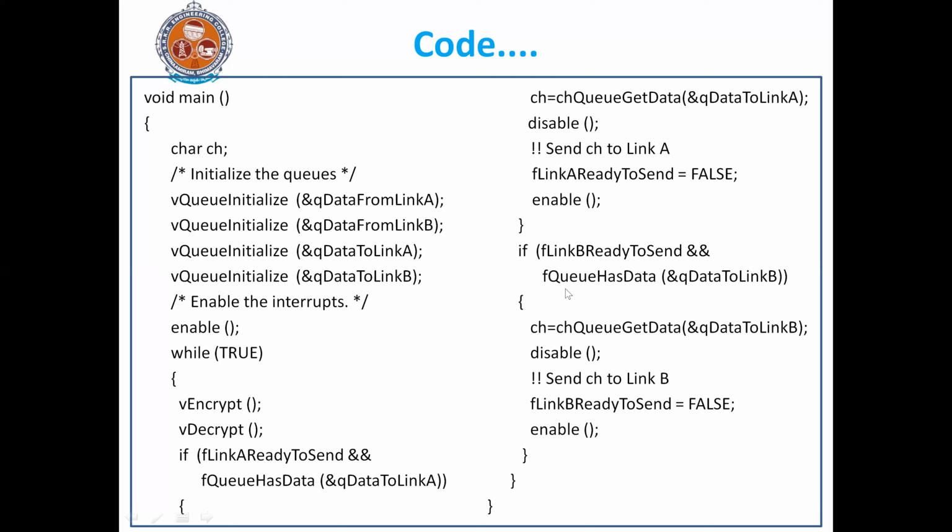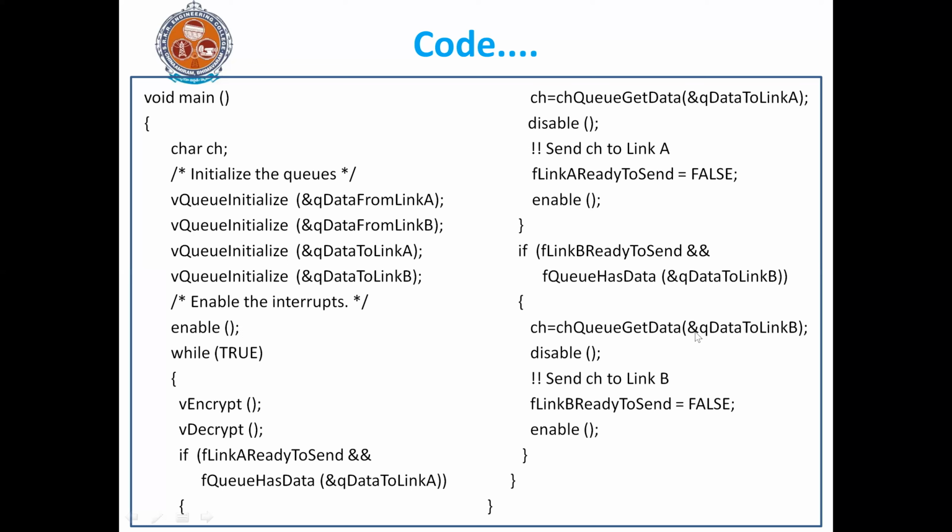Next, similarly, you should also check for link B. If the link B ready to send flag is true and FQ has data, that is Q data to link B, then what is it doing?